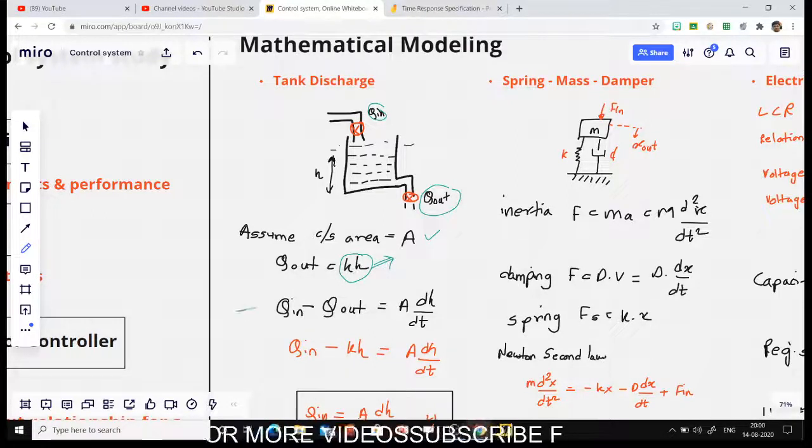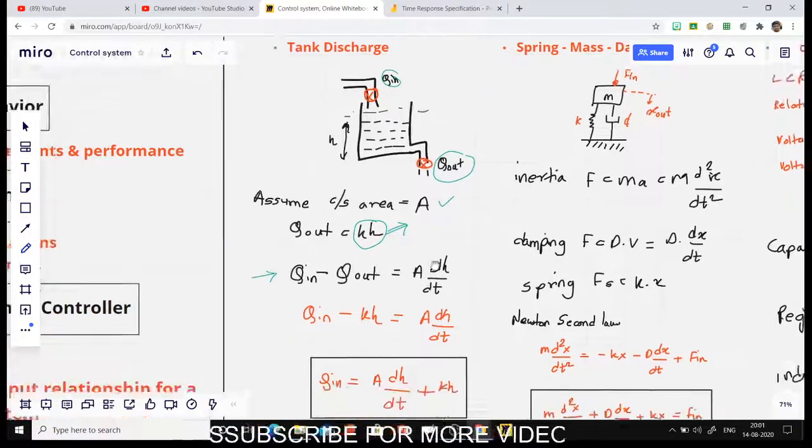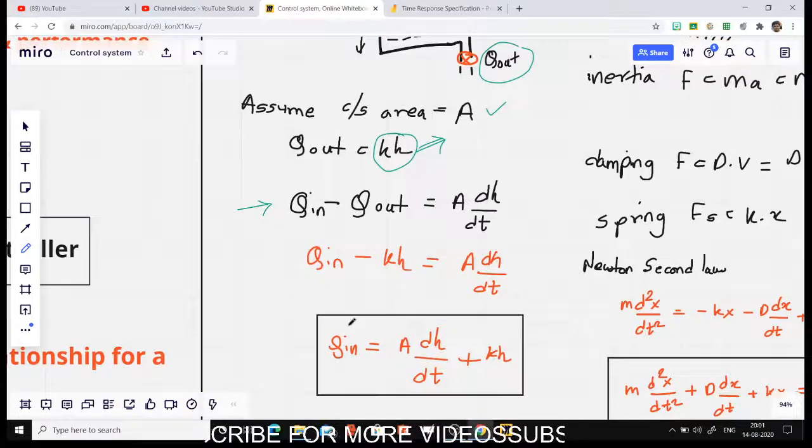The equation which we are trying to fix is the discharge equation. Q in minus Q out will be the remaining volume, that is A into dH by dt. Volume is again a function of height, so we try to convert everything into a function of height, so that Q in minus kH, substituting the value of Q out, is equal to A into dH by dt.